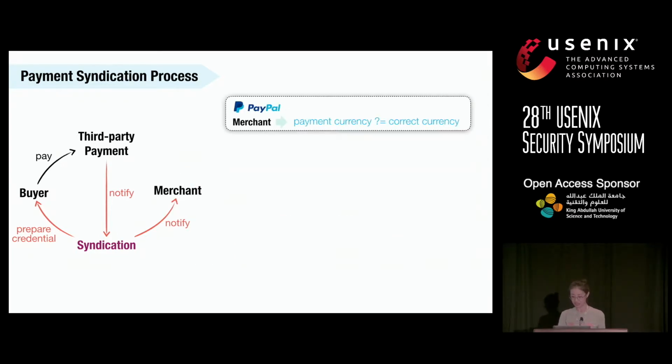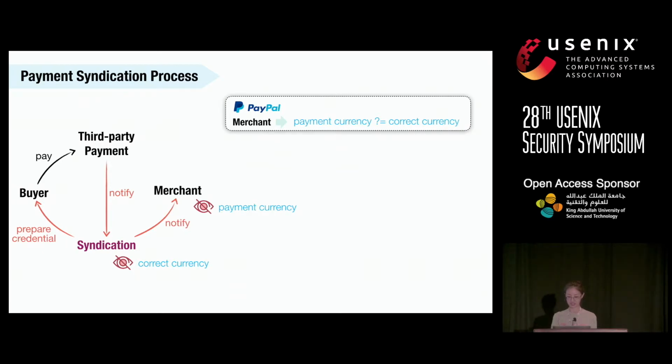For example, for the security requirement of PayPal, in the new payment process, if both the merchant and the syndicator don't have visibility of the security requirement related data, for instance, the syndication doesn't know the ground truth to check, and the merchant doesn't receive the currency from the notification, then no one else can fulfill the security requirement.